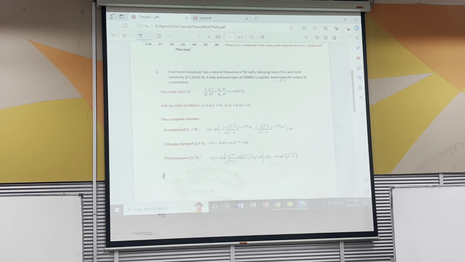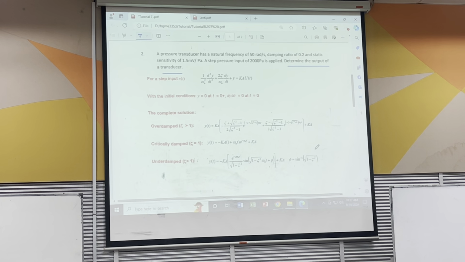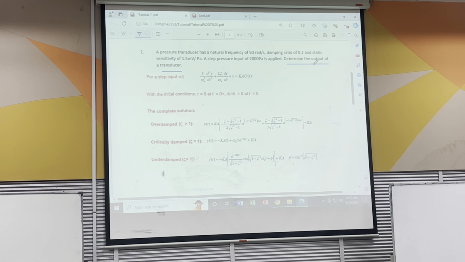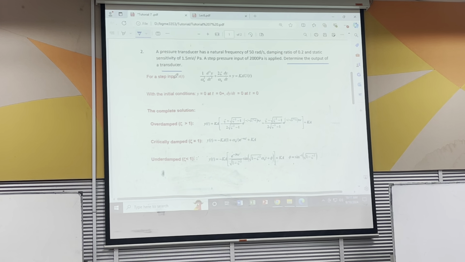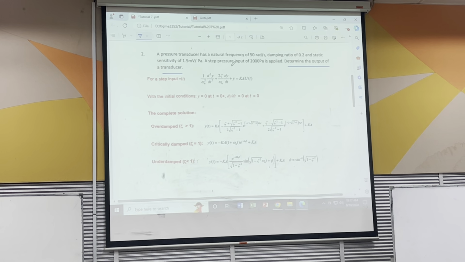Determine the output of a transducer. What does it mean? This is a step response, right? So I'm asking you for the output of a step response. So definitely you need to look for the solution first, right? But what kind of solution are you looking for here?